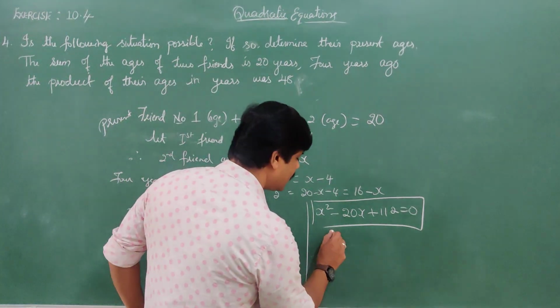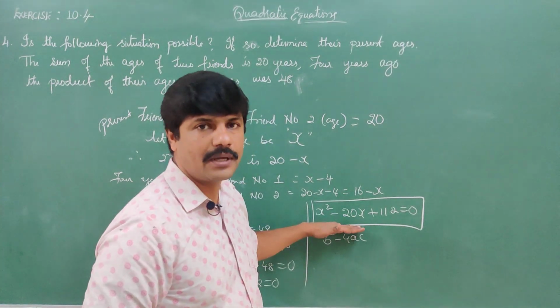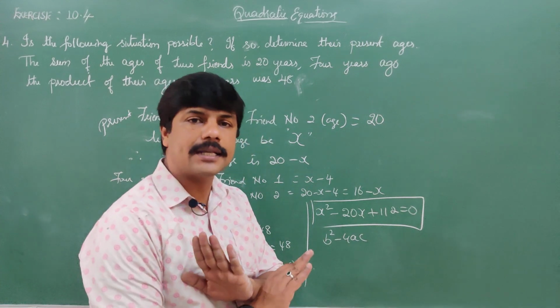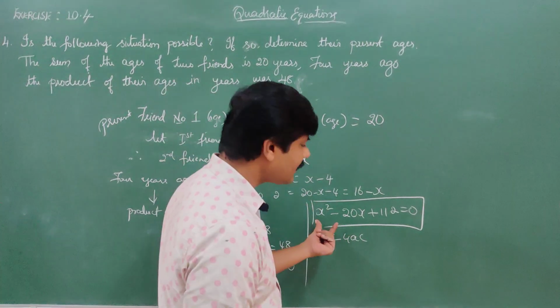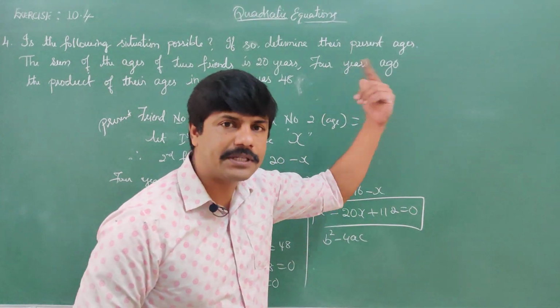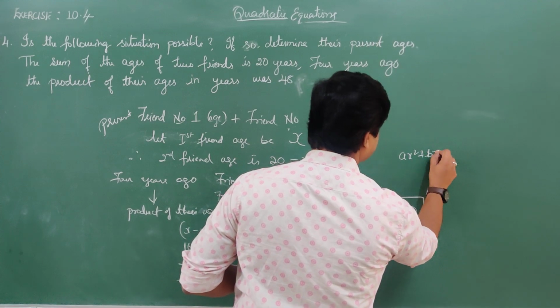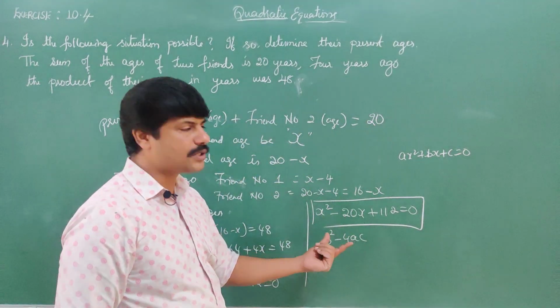By this we can find the nature of the roots. If the roots are real, then we will find the present ages. If not, then it is not possible. Compare this equation with the standard equation ax square plus bx plus c equals 0.